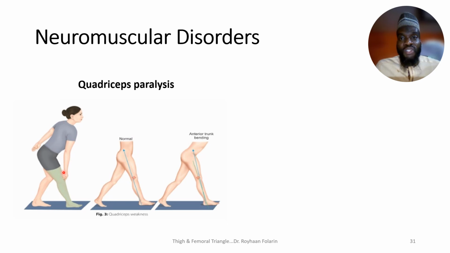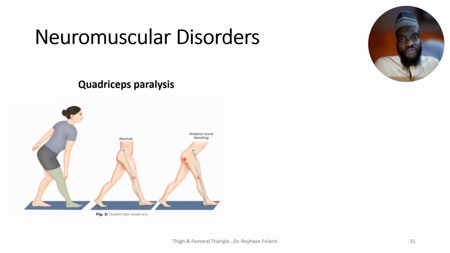The person may end up needing assistive devices like braces or crutches, and in severe cases, long-term muscle atrophy may occur. And that's why it leads to the quadriceps gait, which is what this person is experiencing.